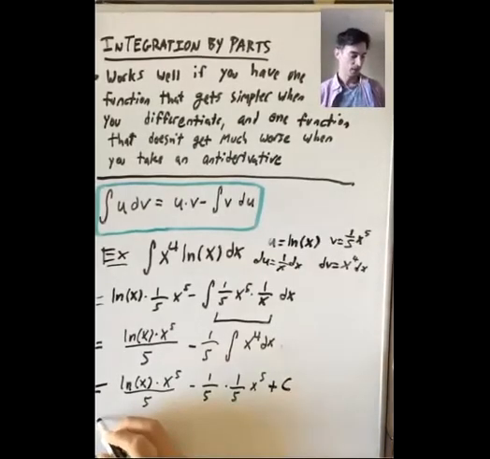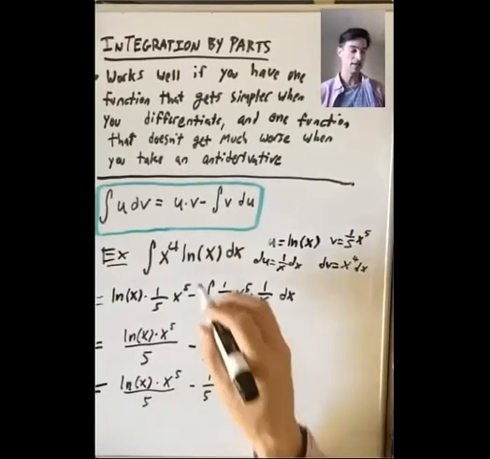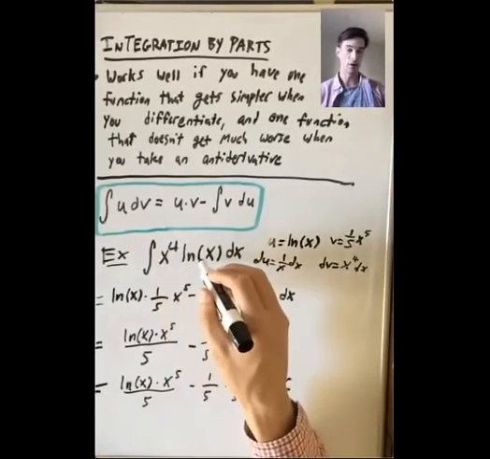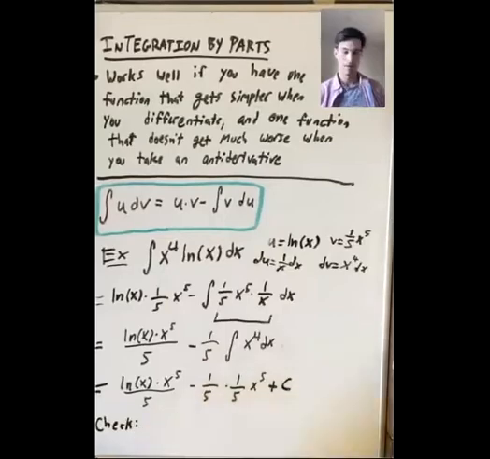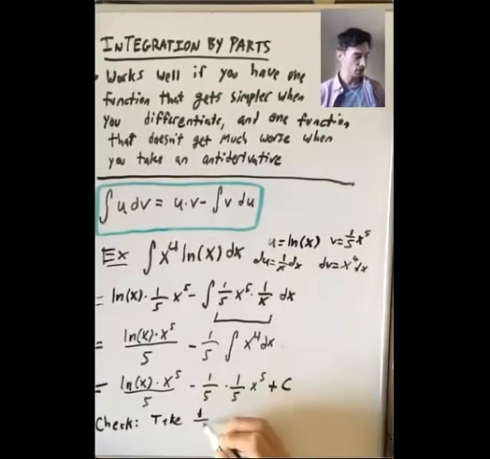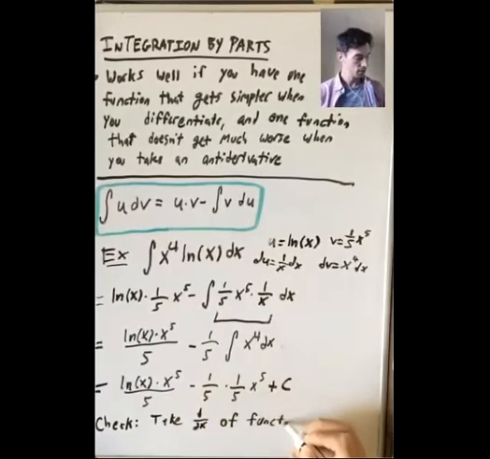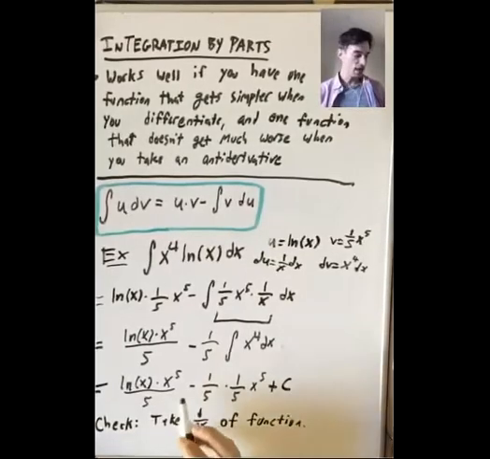And what are we saying? We're saying this function is an antiderivative of x to the fourth times natural log of x dx. And you can check. What I mean is take d dx of this function. To do that, you'll have to apply the product rule to this first part.